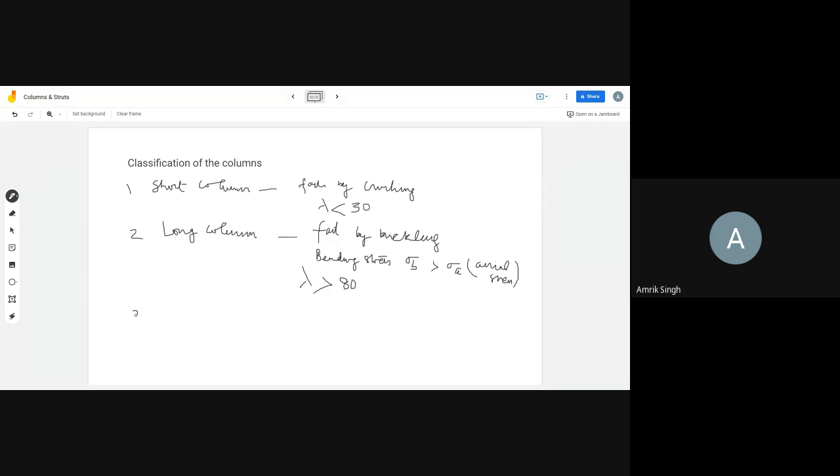And then the third type of column are known as the intermediate column. So they fail by both buckling and crushing.